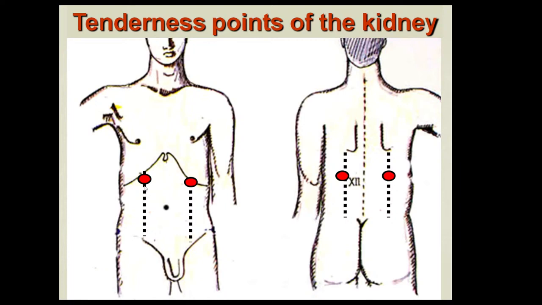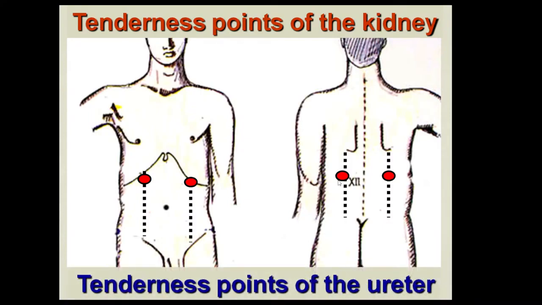Two kidney points in front and at the back on the level of the 12th rib. Two ureter points, the fourth group, on the level of the navel along the external edge of the rectus muscle, and at its crossing with the iliac inguinal line. Two groups of kidney points and two groups of ureter points.